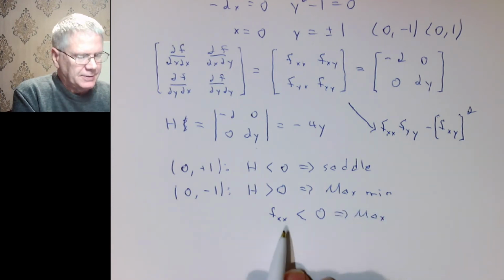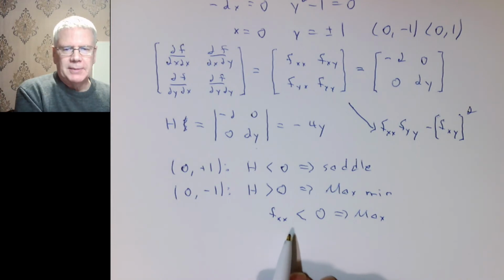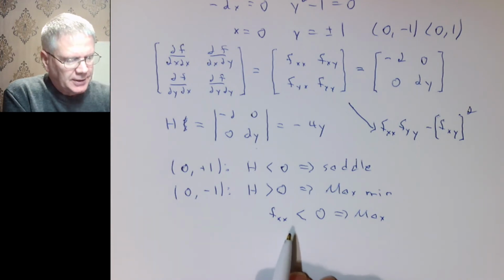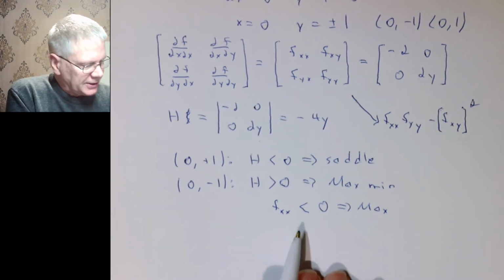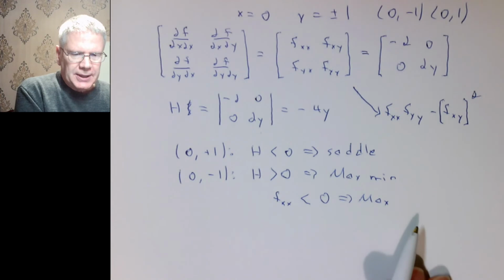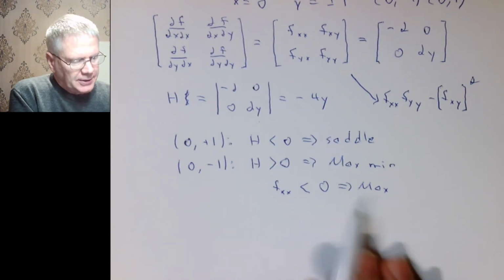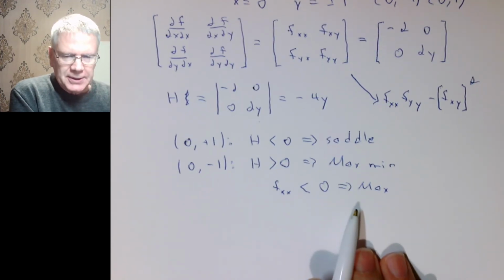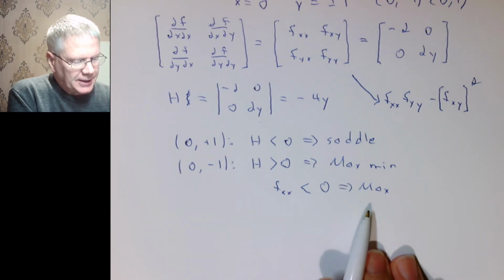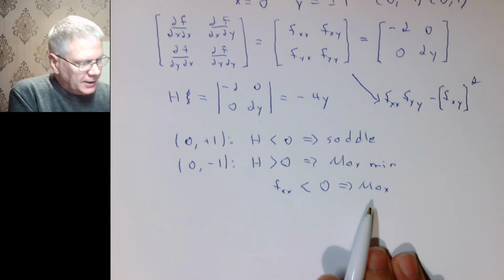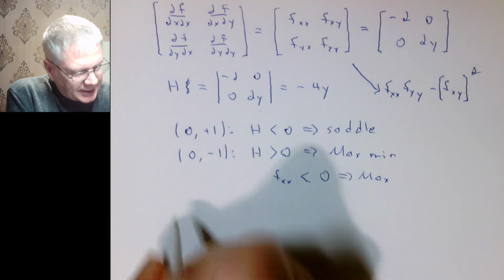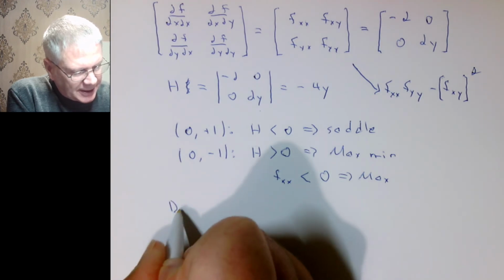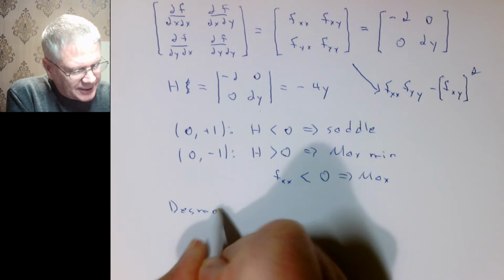Just like a second derivative told me that I had a maximum in single variable calculus. So there's some correspondence between the two. So that's what we have. We have 2 critical points or stationary points. One is a maximum and one is a saddle.